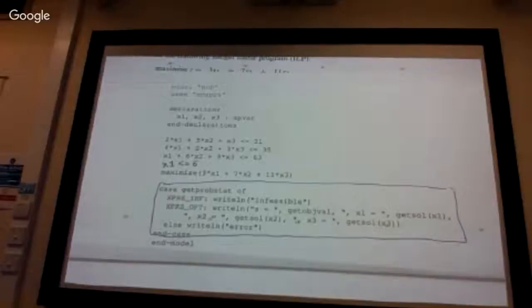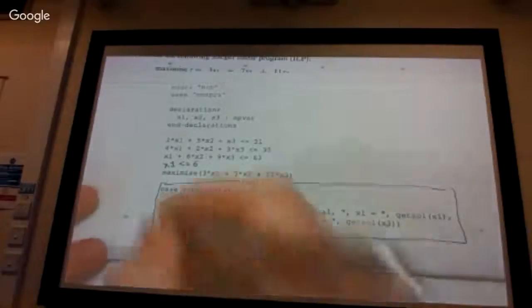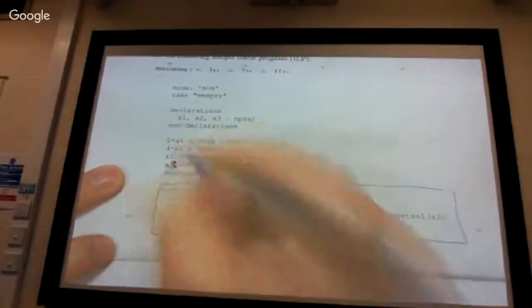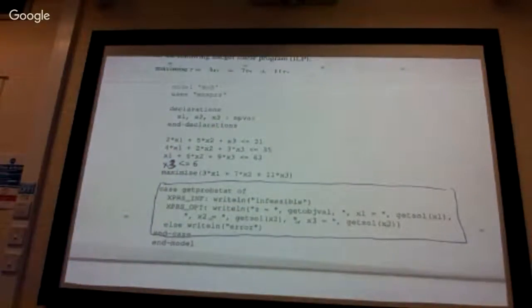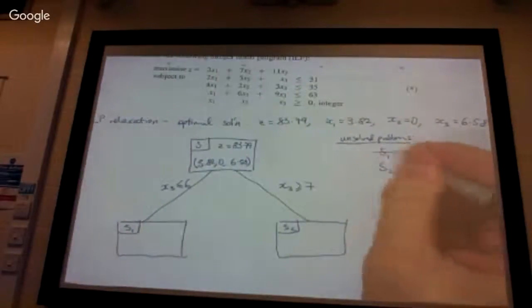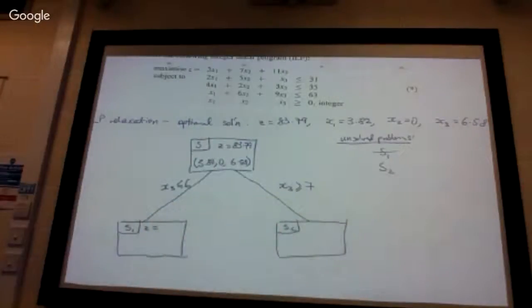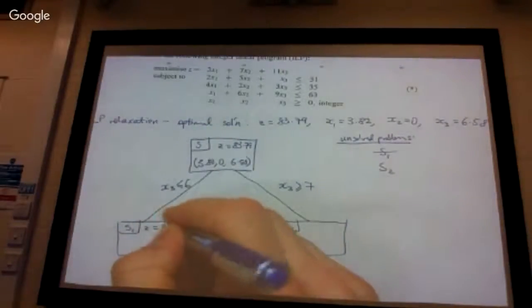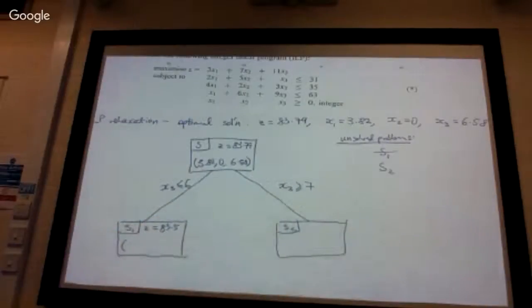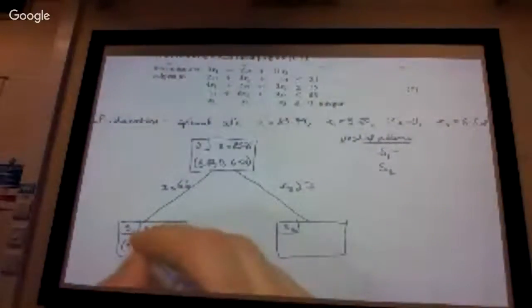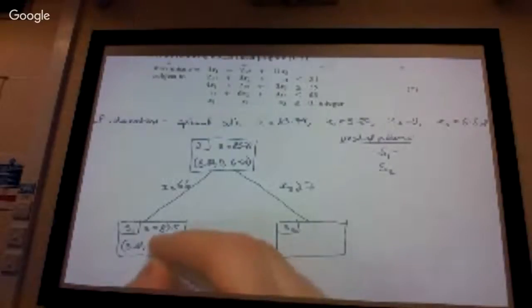I noticed because it was giving me the same solution as before. So when I solve it with X3 less than or equal to 6, I get Z equal to 83.5 and X1 3.82, and X2 is 0.86 or something, and X3 I'm getting 6.